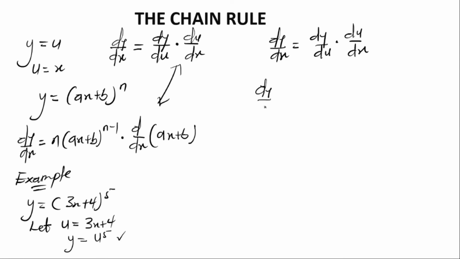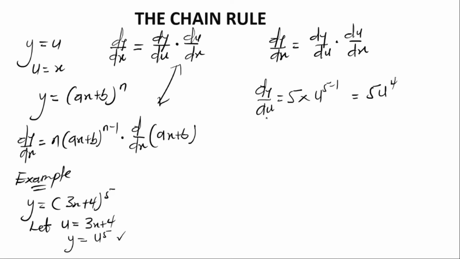By differentiating, dy/du is equal to, this is u raised to the power 5. If we differentiate this function, we use the 5 to multiply the u, and then we subtract 1 from the power. So it becomes 5 multiplied by u raised to the power 5 minus 1, which is equal to 5u raised to the power 4.